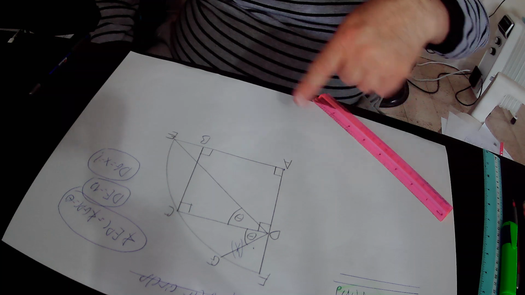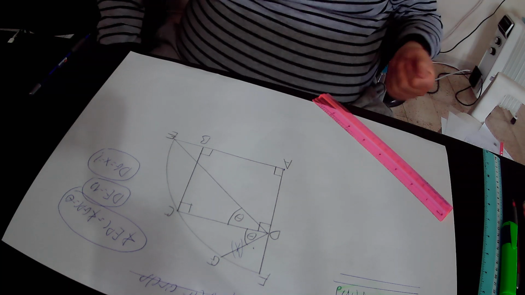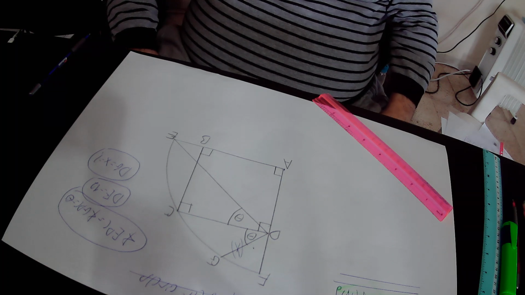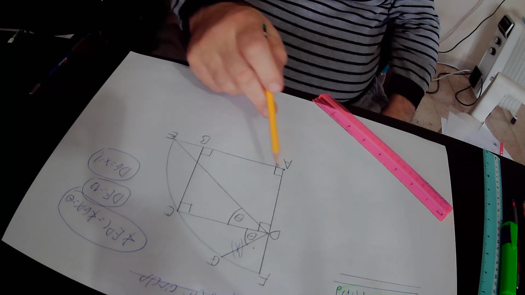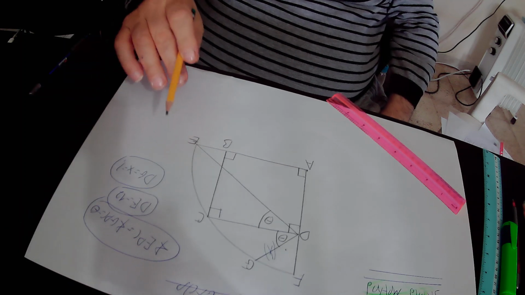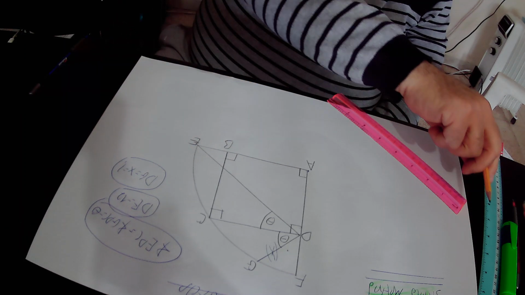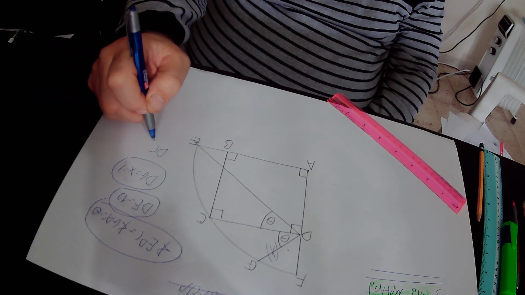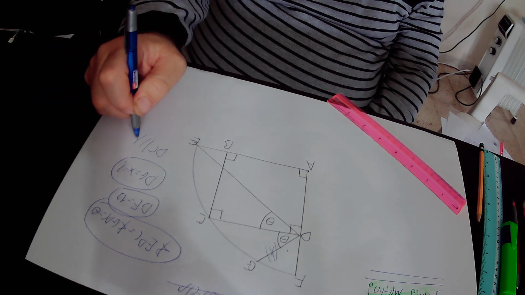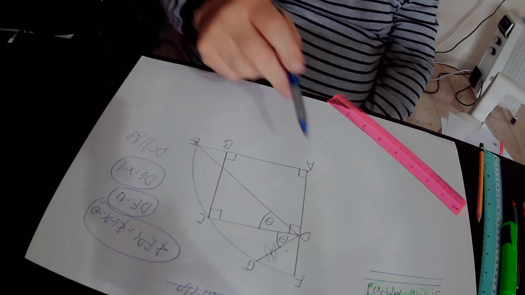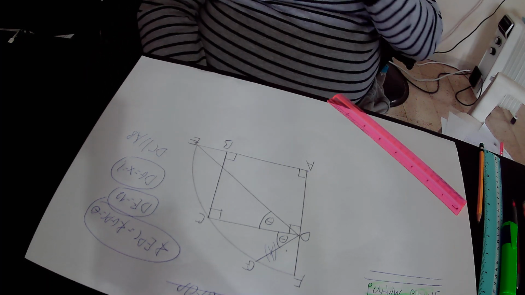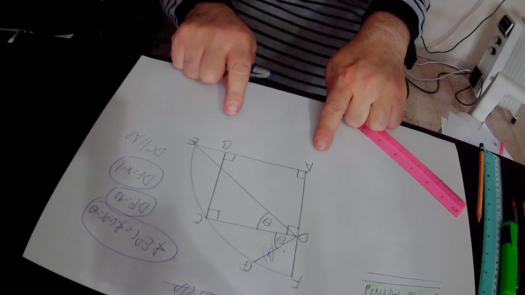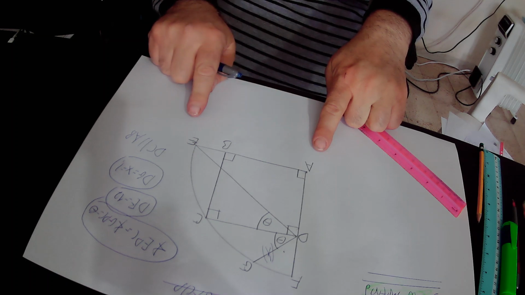In square ABCD, the opposite sides are, of course, parallel to each other. That is to say, side DC is parallel to side AB. But AB is part of the straight line AE.